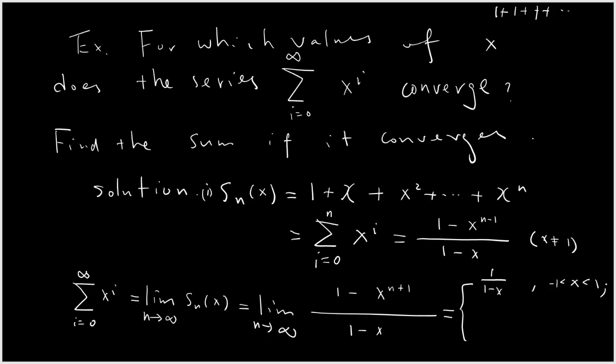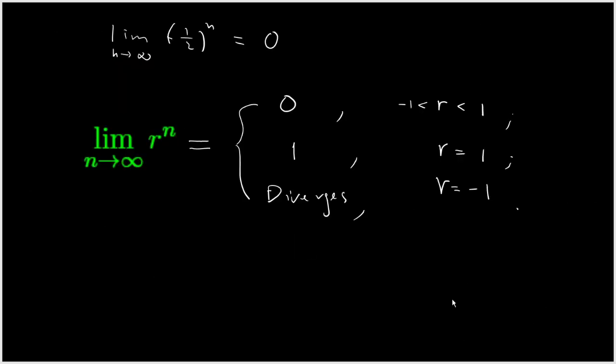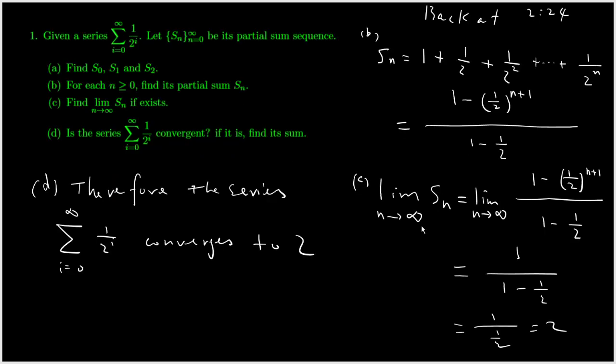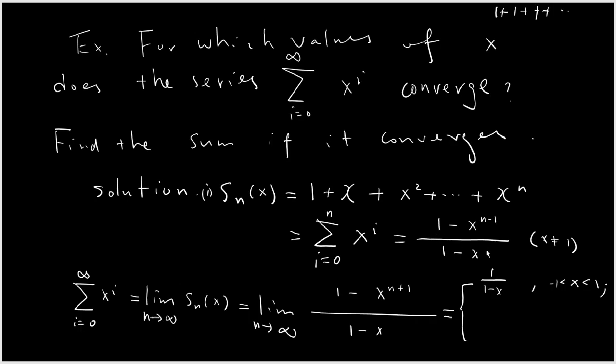There's only one case when x is -1. But when x is -1, do you see the sequence is divergent? The sequence is divergent. So like we mentioned here, okay. Or I can show you the case when x is -1.